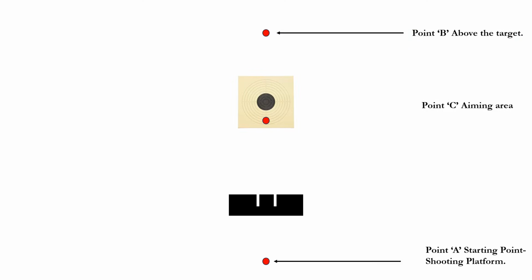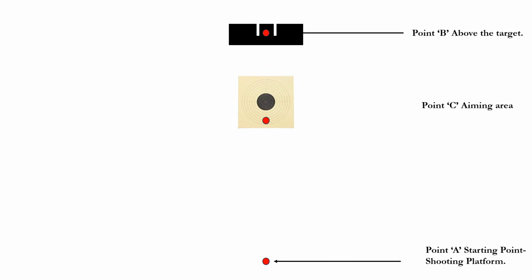The route is the path your sights trace right from the firing platform, which is A, to B, which is a point above the target, and from B, when the sights come down and settle into the aiming area in the target, this is called point C.